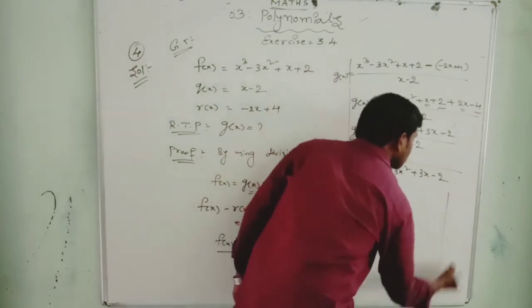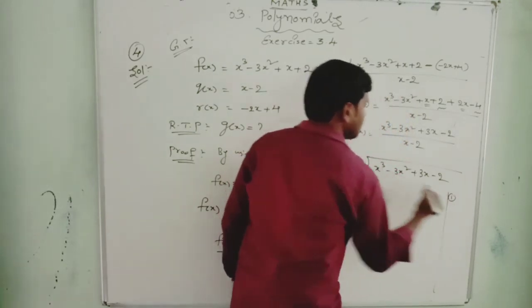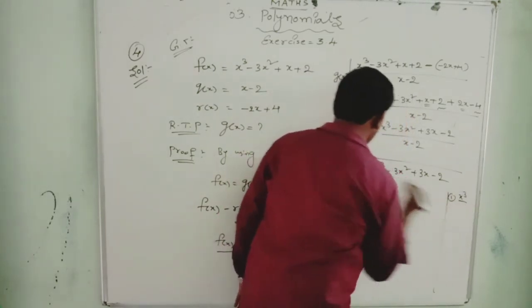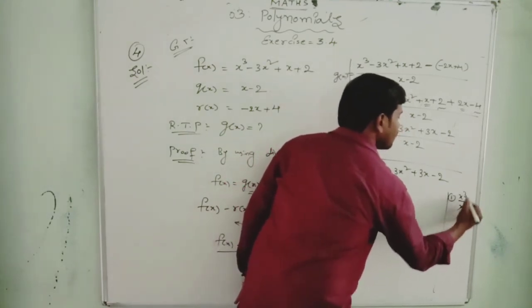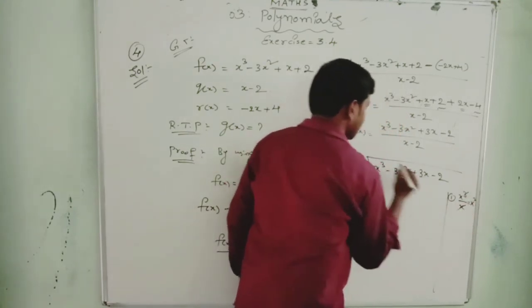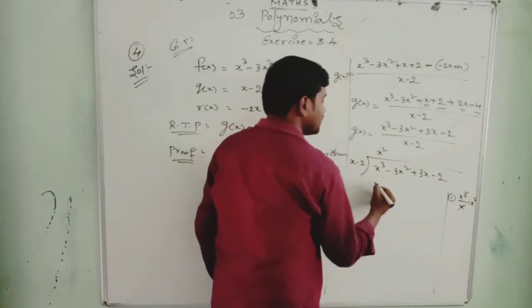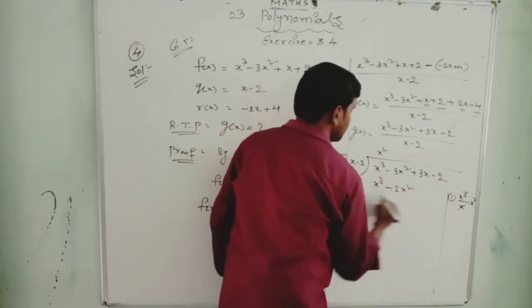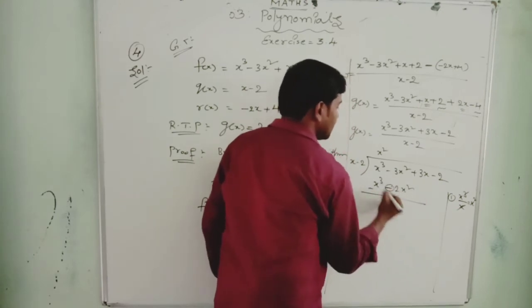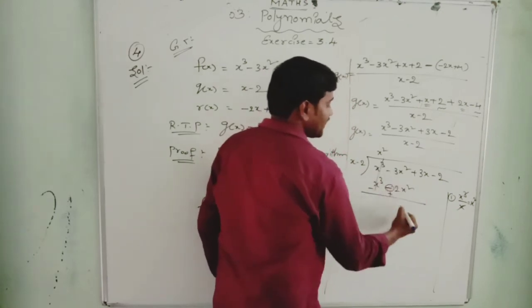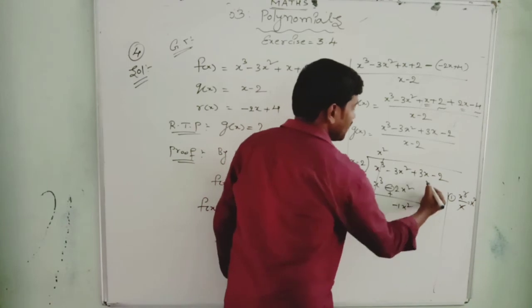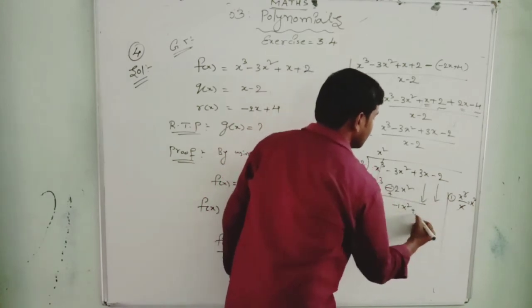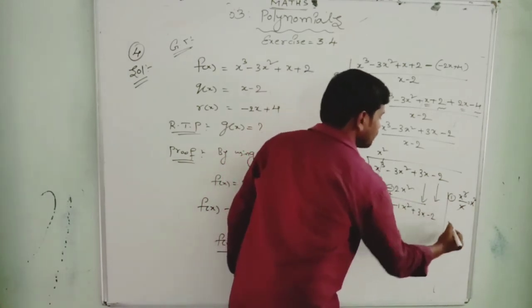Let us divide it. The rough work I will do here. If you are able to understand, let us do the first step. X cube by x will give x square. X square into x minus 2 is x cube minus 2x square. This is minus and this is plus, so we cancel this. Minus 3 plus 2 is minus 1x square, and we get plus 3x minus 2.